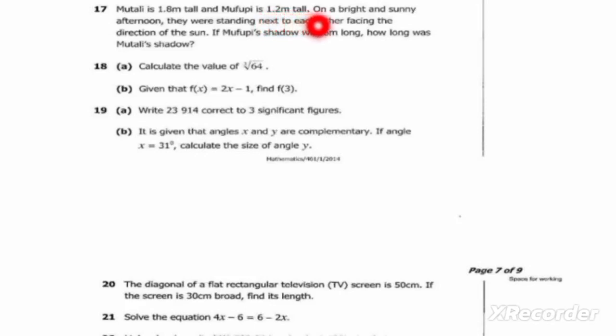On a bright sunny afternoon, they were standing next to each other, facing the direction of the sun. If Mfupi's shadow was 6 meters long, how long was Mutali's shadow?